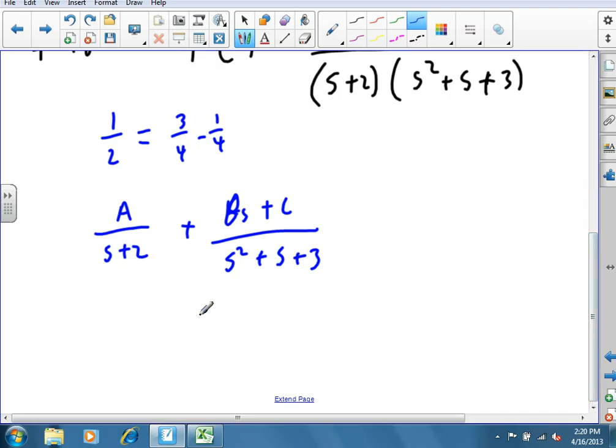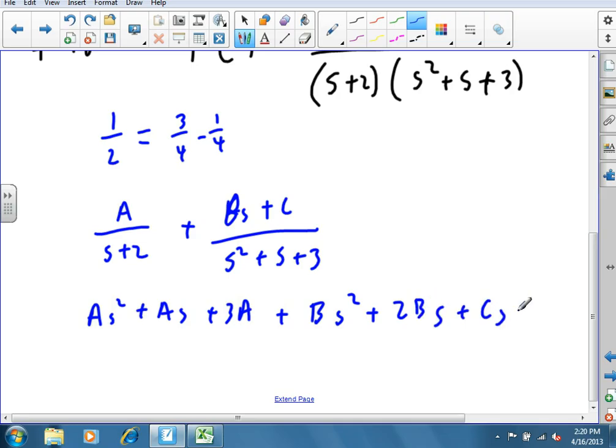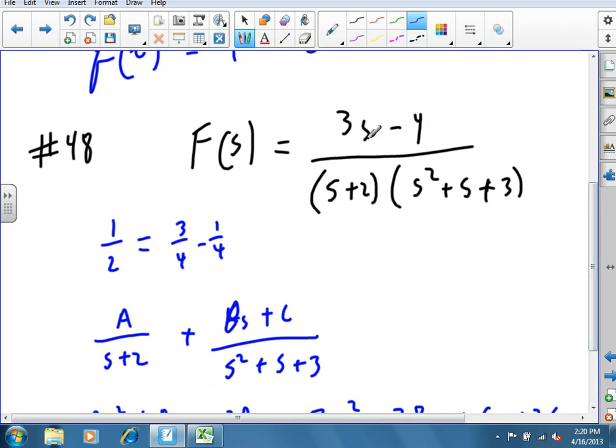Okay, so I'm going to find a common denominator. As squared plus as plus 3a plus bs squared plus 2bs plus cs plus 2c, and that's going to have to equal what's on the top here, 3s minus 4.